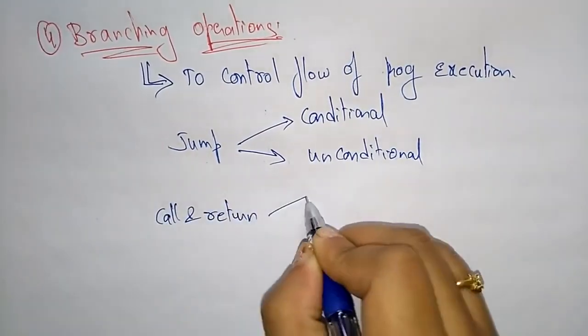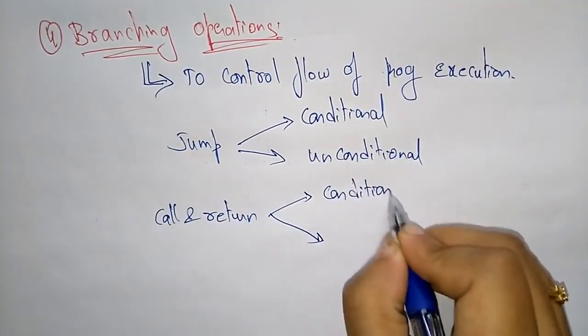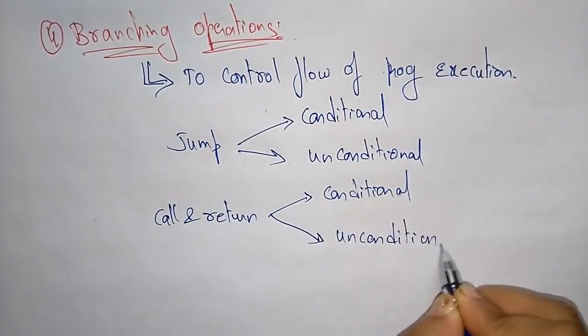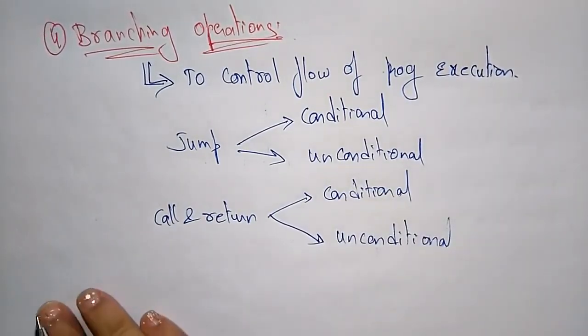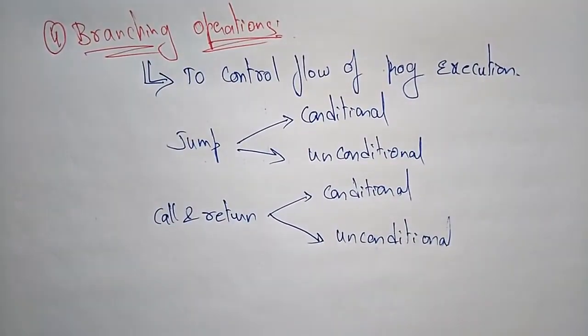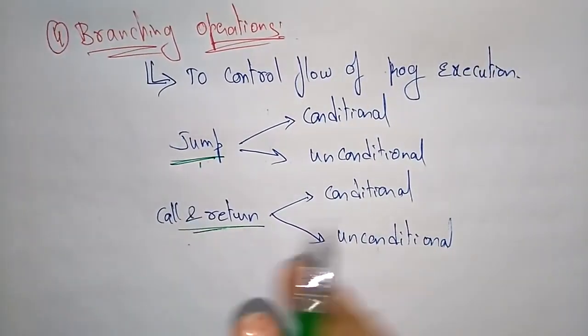In the same way, call and return may be conditional or unconditional. So these two are the branching operations: jump, and call and return.